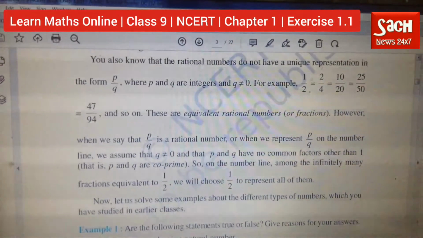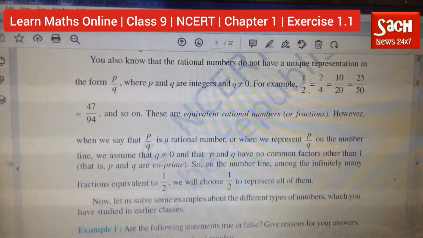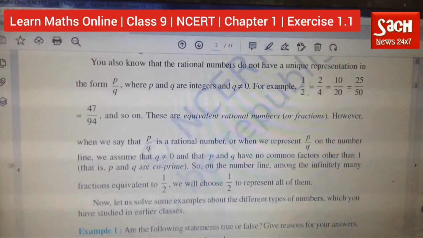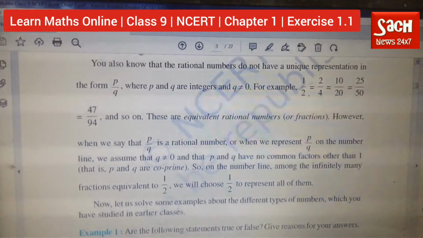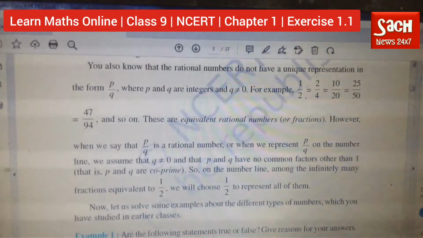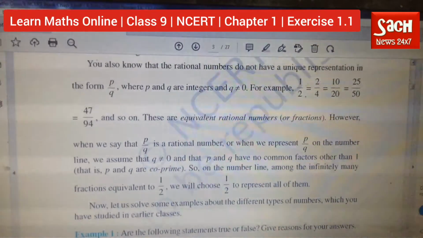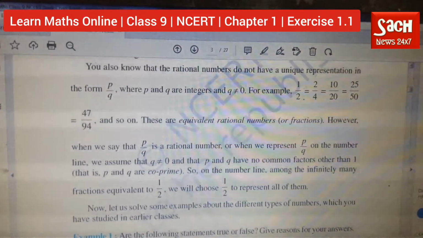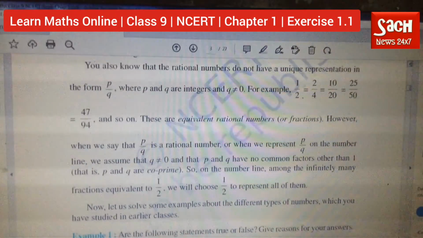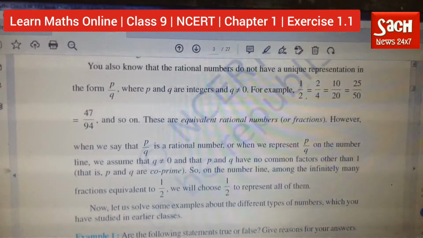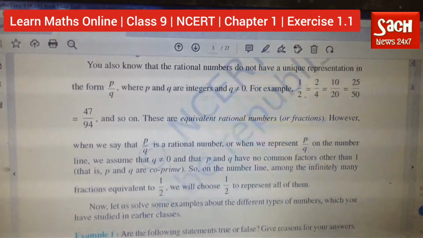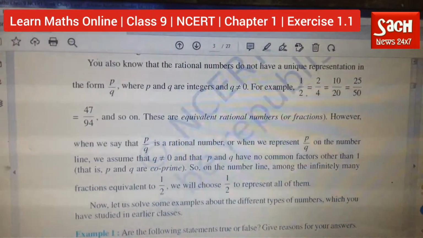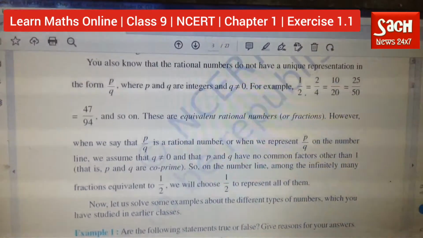These p and q are called co-prime numbers. So on the number line, among the infinitely many fractions equivalent to 1/2, there can be many fractions which, when you simplify them, come to be 1/2. Like 60/120: you divide 120 by 60, it will be 1/2. So we will choose 1/2 to represent all of them.